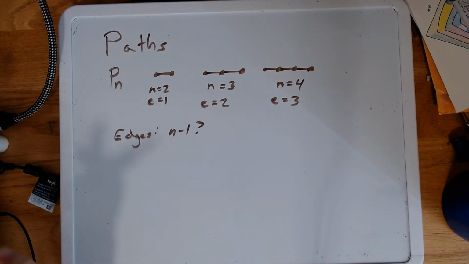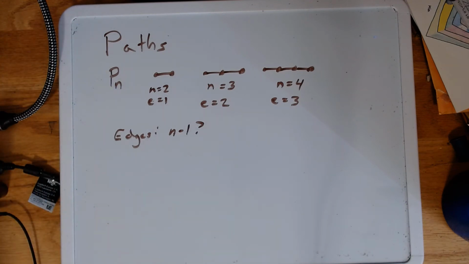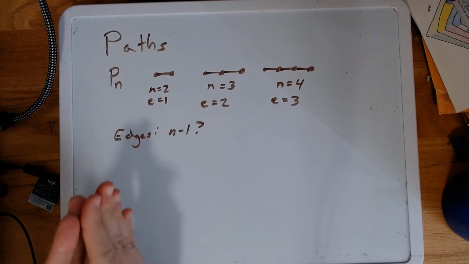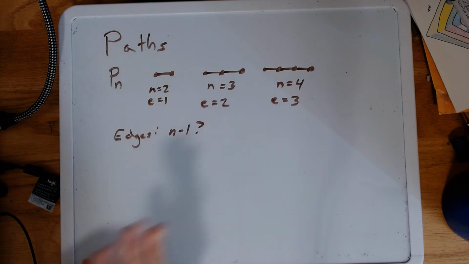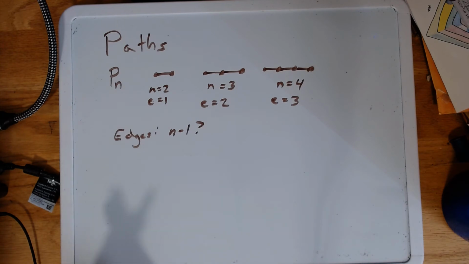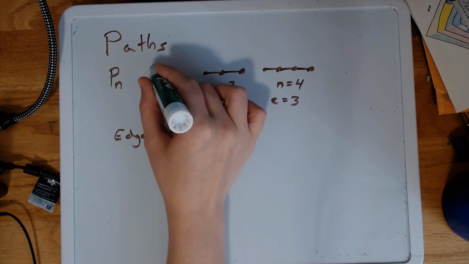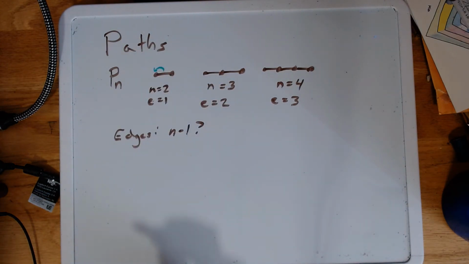So let's convince ourselves of that. This path is sort of like extending along. We can think of each edge as going with one vertex as sort of a starting point. So this edge goes with that vertex.